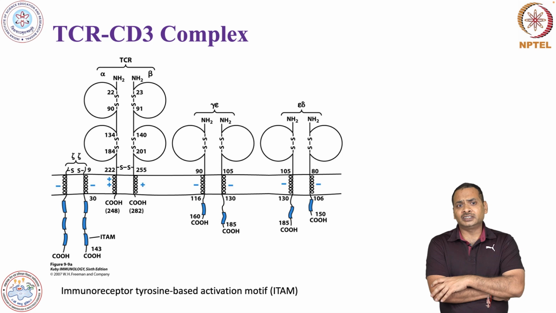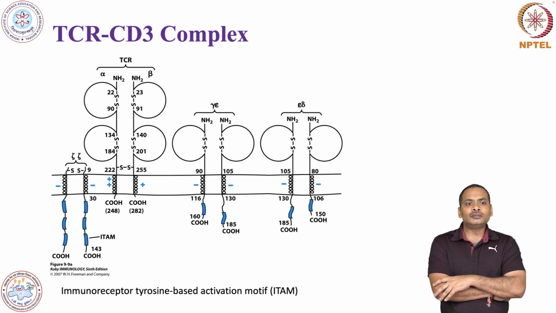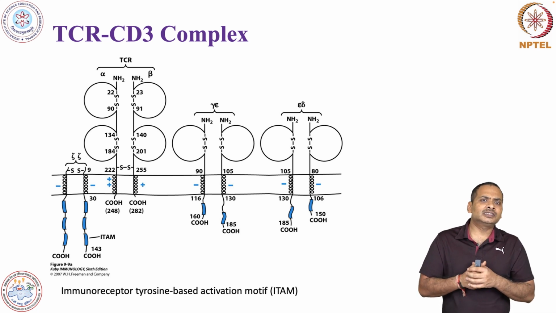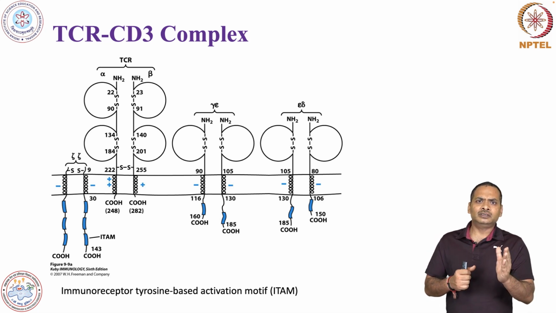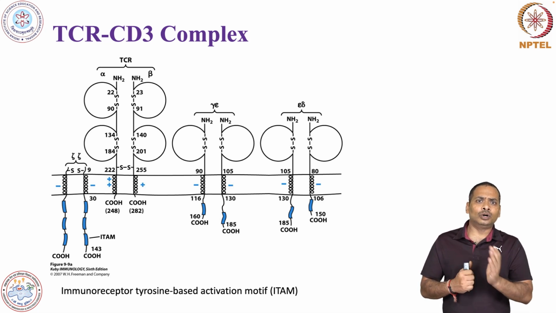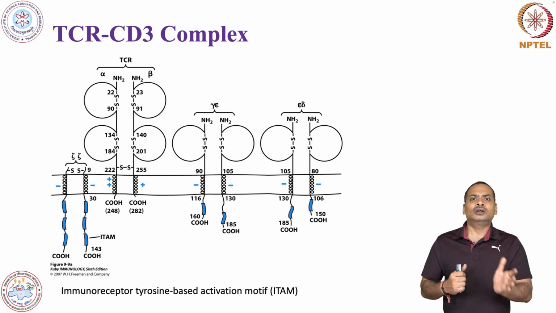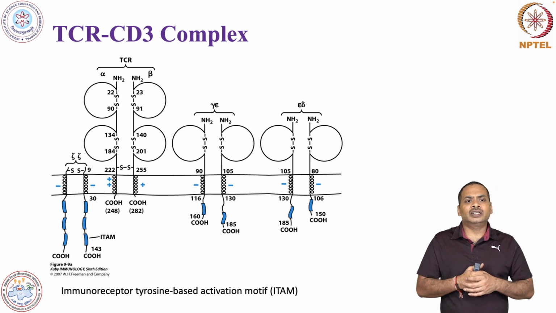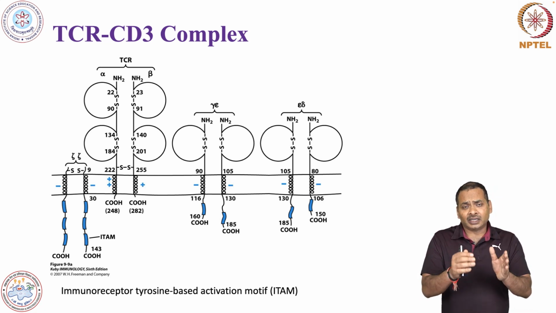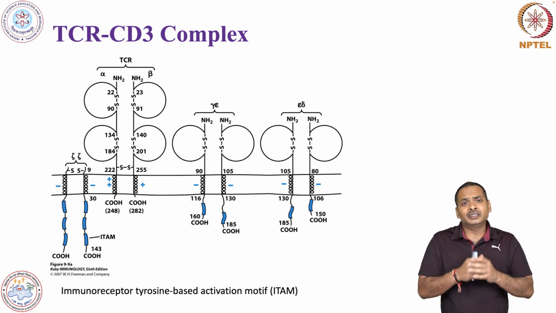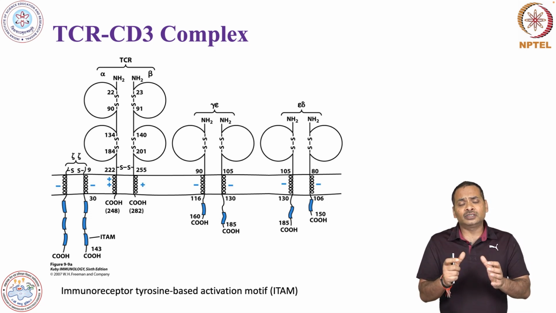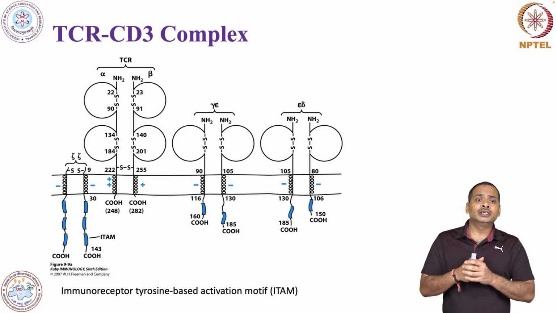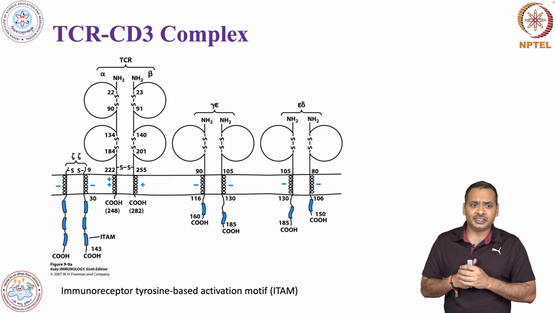In the next slide you can see the TCR CD3 complex. Try to understand that the TCR consists of an alpha chain and beta chain, or a gamma chain and delta chain. I will show you in a subsequent slide. This TCR, either alpha beta or gamma delta, is always associated with the CD3 molecule, and the CD3 molecule consists of various chains.